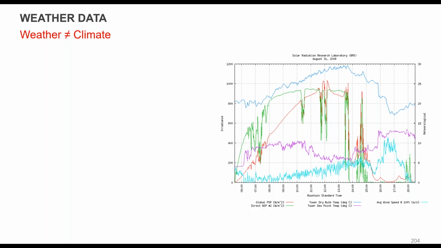You see the green is the solar radiation, brown is direct, and you see some drop-offs in that in the afternoon. That's primarily because in the afternoon in summer on the Front Range in Colorado, it does tend to cloud up. It may or may not rain, but we have temperatures changing throughout the day, wind as well. And you see that's changing quite rapidly.